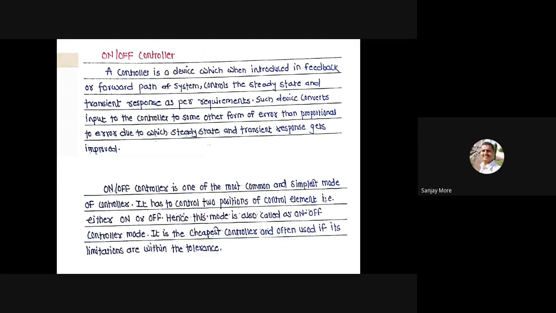The next para, write down, on off controller is one of the most common and simplest modes of controller. It has to control two positions of the control element, that is either on or off.